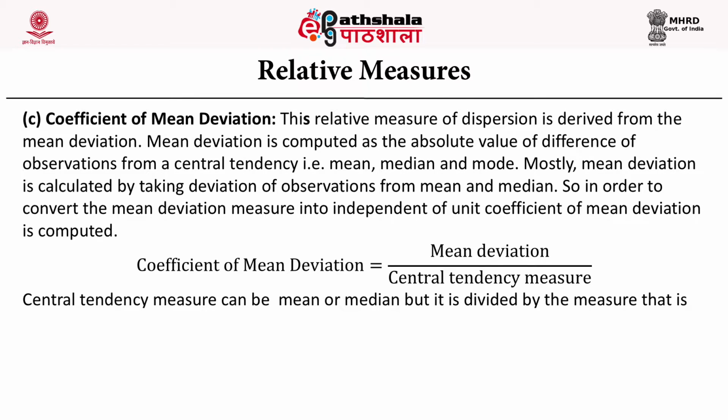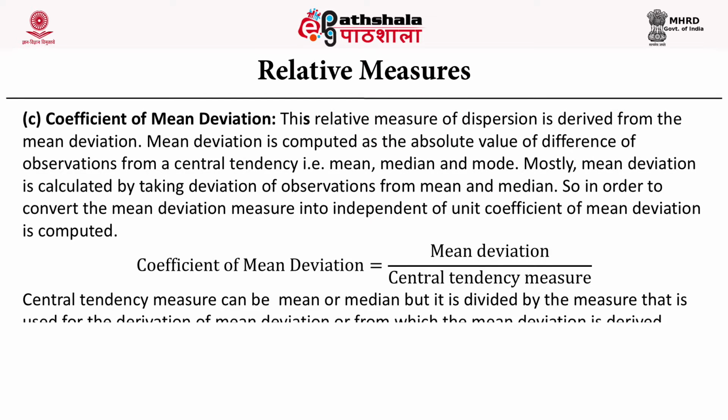In order to make the mean deviation measure independent of units, it is computed as mean deviation divided by the central tendency measure. The central tendency measure can be mean or median, but it is divided by the measure from which the mean deviation is derived.